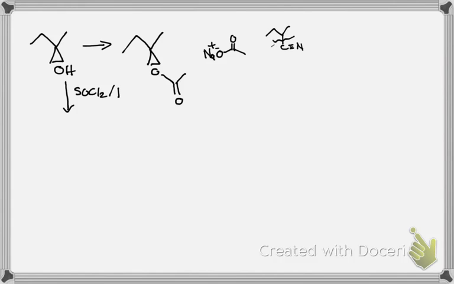It's in pyridine. I'm just going to stop right there because I don't want to run over the molecule. Then SOCl2 with pyridine would give me this. Okay. Get an inversion, right?